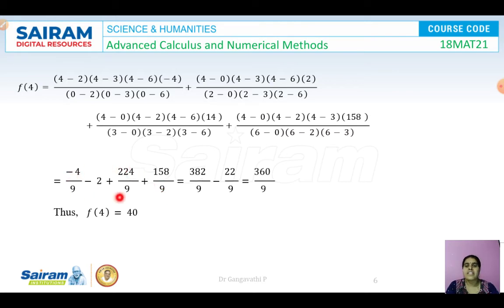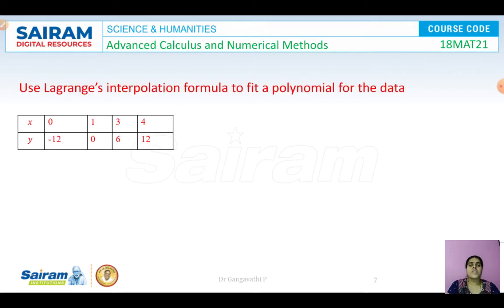Taking the LCM and simplifying further, we get 360 by 9, and so f of 4 results in 40. It asked us to find the value of f of 4, and the value of f of 4 is 40. This is how we apply Lagrange's interpolation formula.